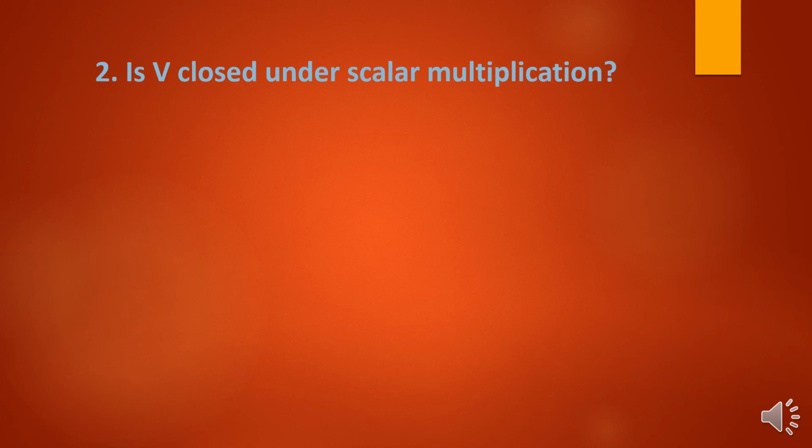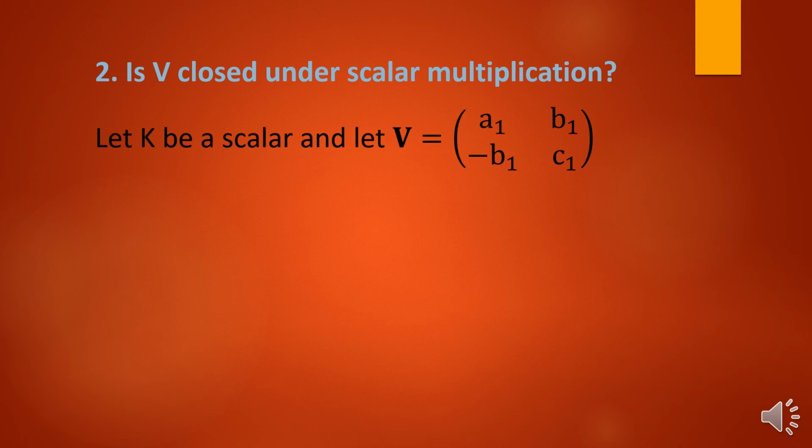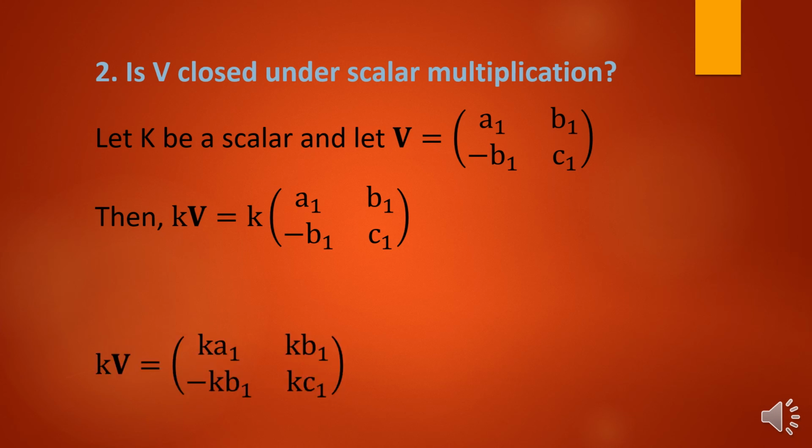Is V closed under scalar multiplication? If we consider K to be a scalar, and we have our vector V, which is A1, B1, negative B1, C1, a skew-symmetric matrix. So if I try to do scalar multiplication, K with V, this is what I'm going to get.